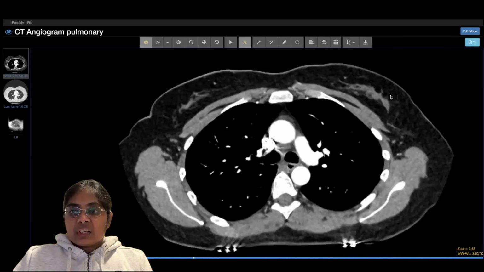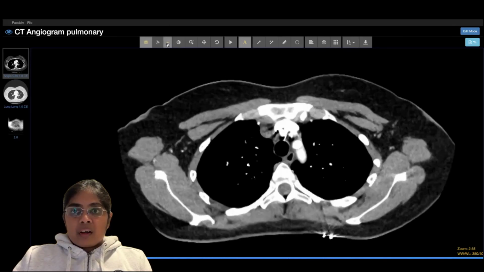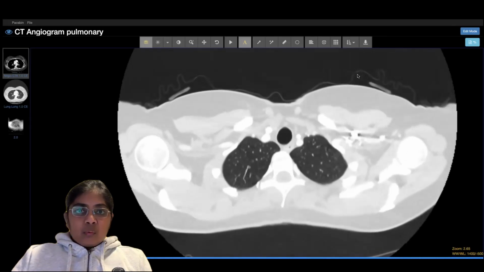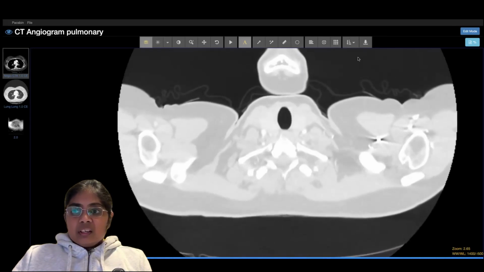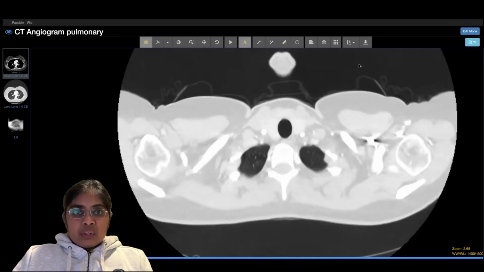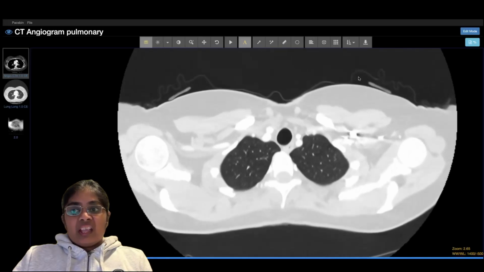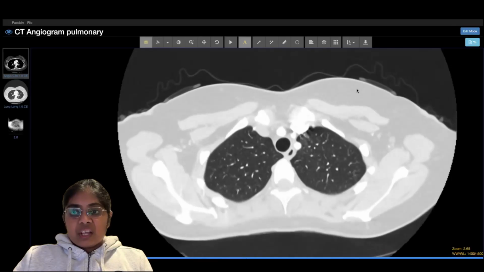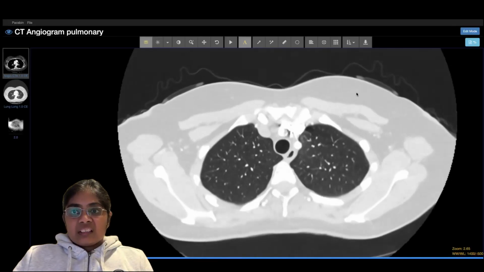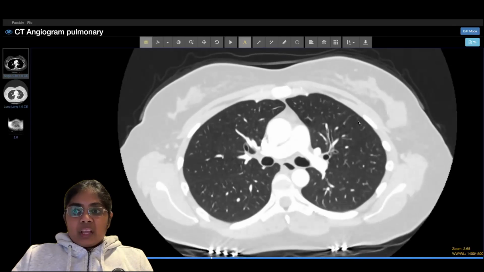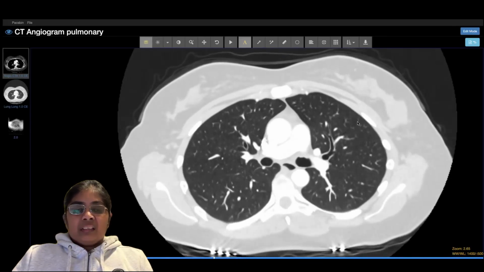Next, we're going to look at the lung parenchyma itself. For that, I need to window it to the lung windows. When I'm looking at the lungs, I'm looking at the airways, the air space, the parenchyma, the alveolar airspace itself, the pleura, and the interstitium.